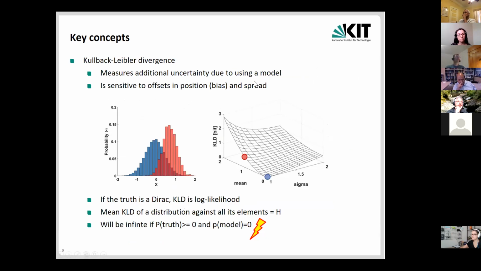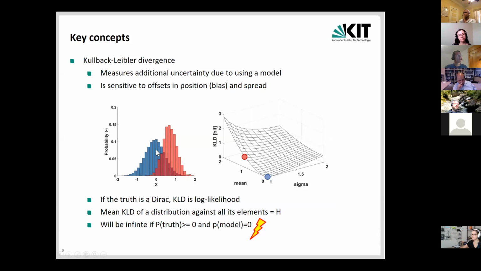So Kullback-Leibler divergence is useful because it is sensitive to offsets both in position and spread of the distribution that we're seeking. So if you look at this example here, let's say the blue distribution is the true one, and our model distribution that we use to construct our questioning tree is the red one.